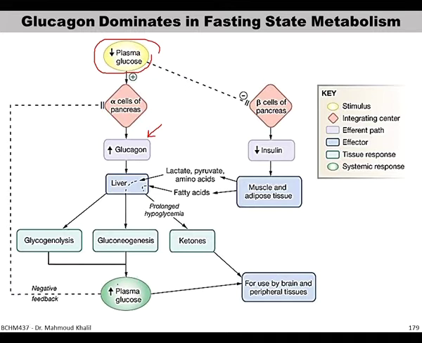And of course, you need this increased plasma glucose level in the fasting state for the use of the brain and the peripheral tissues. You can see as well that the decrease in the plasma glucose level will affect the beta cells of the pancreas, because it will inhibit the beta cells from secreting insulin, so insulin levels will be decreased.